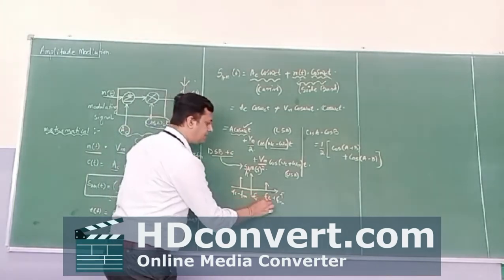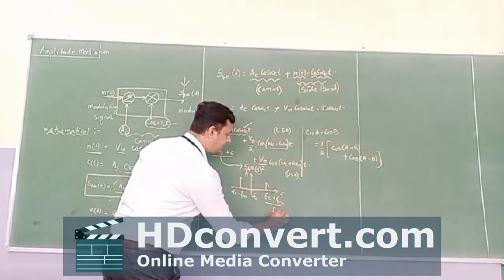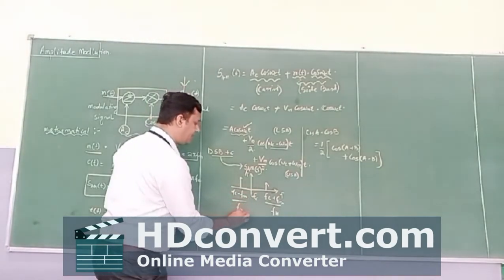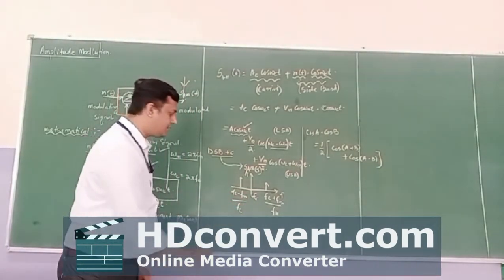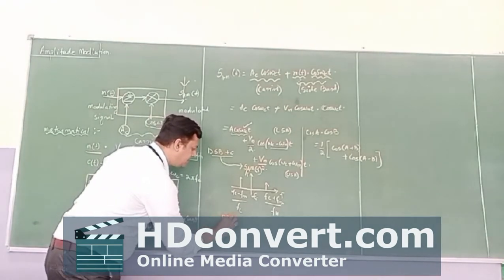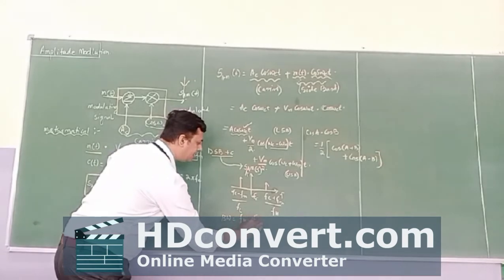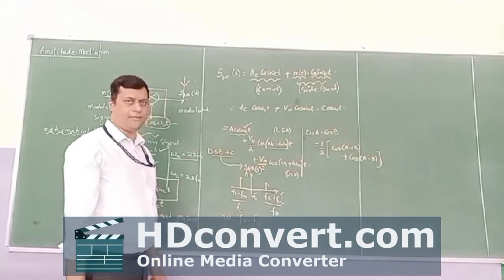Now Fc plus Fm I can consider the higher frequency, and Fc minus Fm the lower frequency. If I ask what is the bandwidth of the AM signal, that means higher frequency minus lower frequency. Simple.